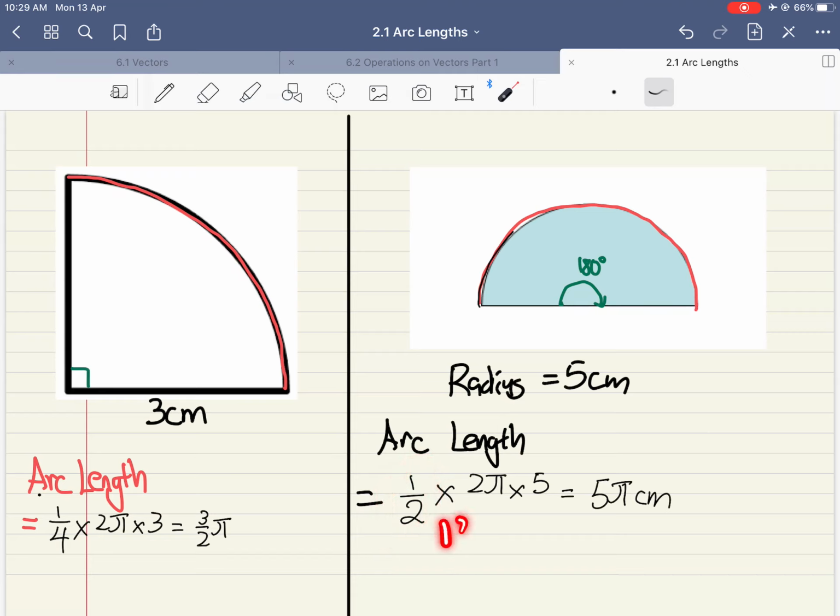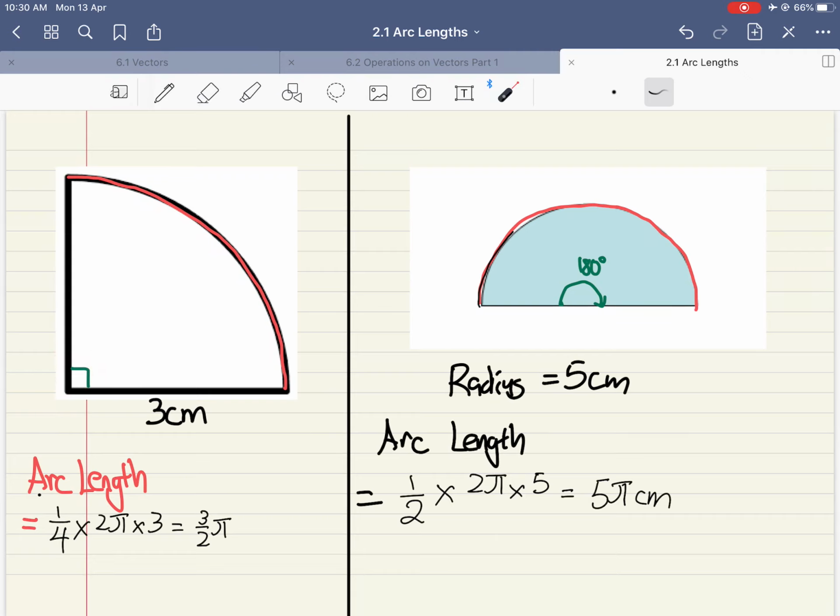So basically half actually is a proportion. It's actually 180 over 360. That's how I got the half. So it's like the proportion of the whole circle. Similarly, this is 90 degrees, 90 out of the entire circle, which is 360 degrees. 90 over 360 is equal to 1/4.